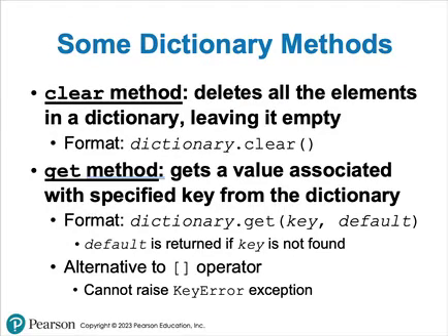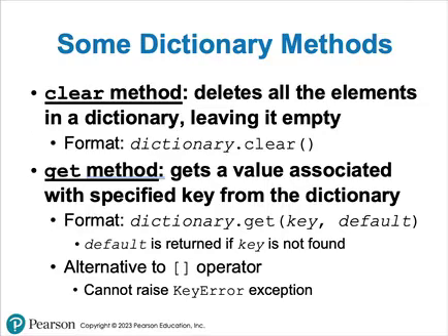A dictionary object has methods associated with it. The first one they're talking about here is the clear method, which is going to empty out your dictionary.